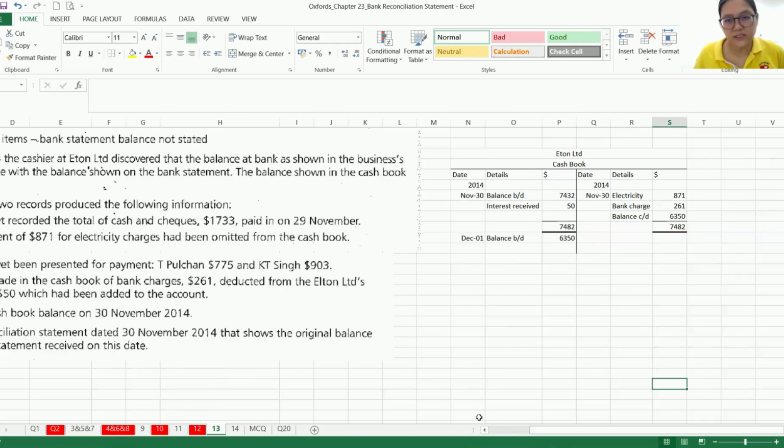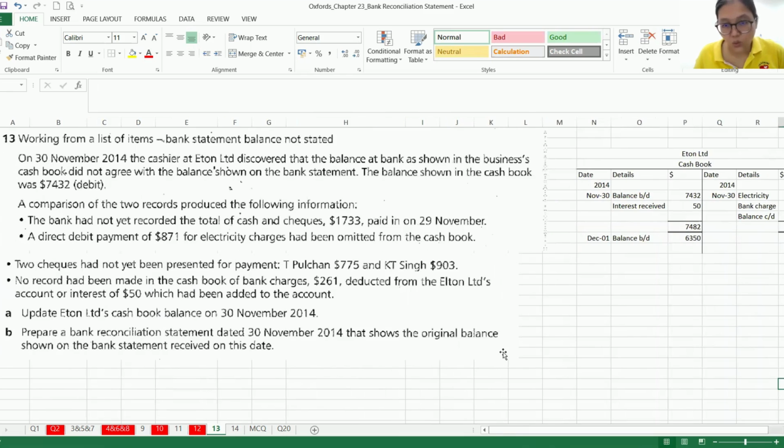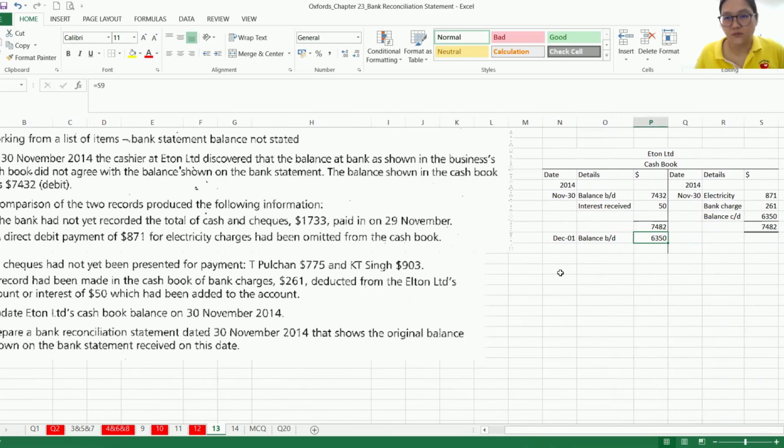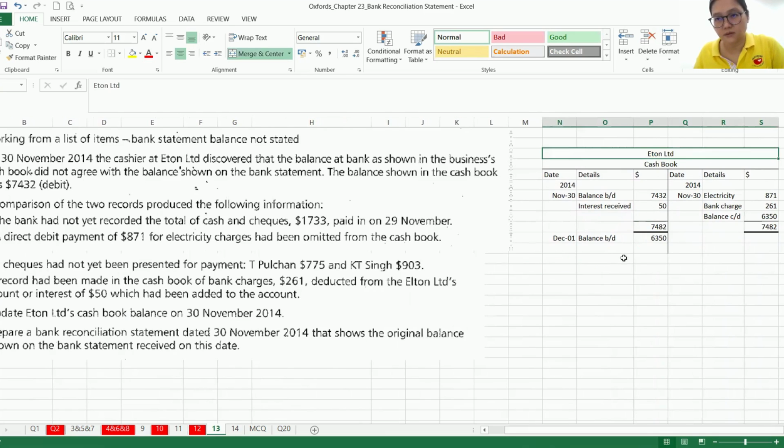This question is that they do not give the balance for the bank statement. So whatever we do in here, we have to assume this amount is the latest already, and based on the information, we continue. Since they don't have a bank statement, we must start from the balance as per cash book.